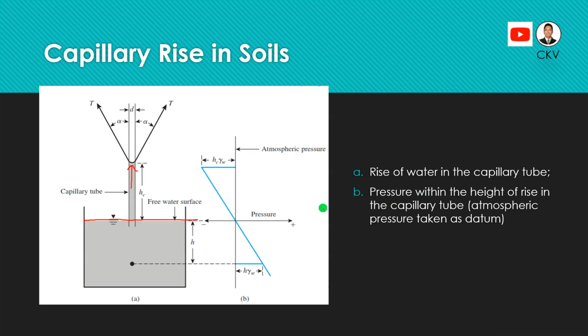Above the water surface, at a certain height within the capillary rise, we have an equivalent negative pore water pressure. It's just the height times the unit weight of water, where the height is measured from the free water surface to the point where we will determine the pore water pressure.